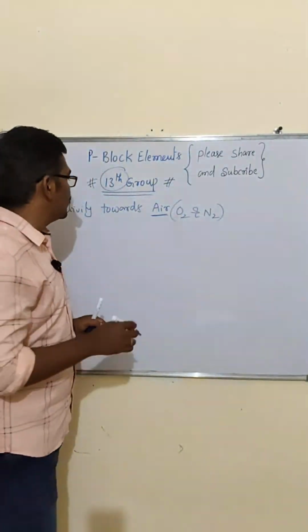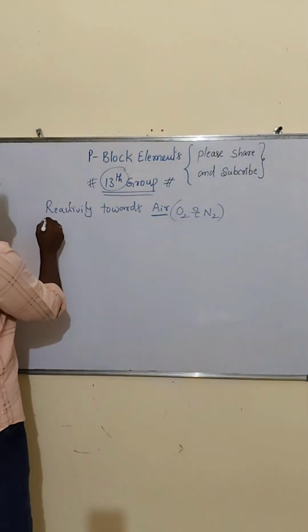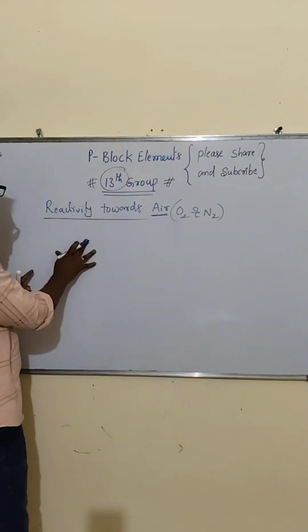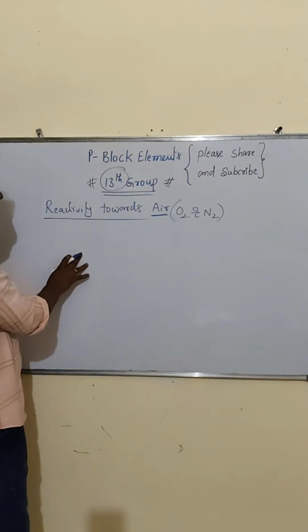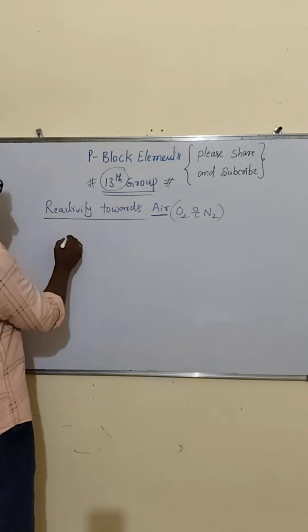My dear students, the 13th group elements are boron, aluminium, gallium, indium, thallium.